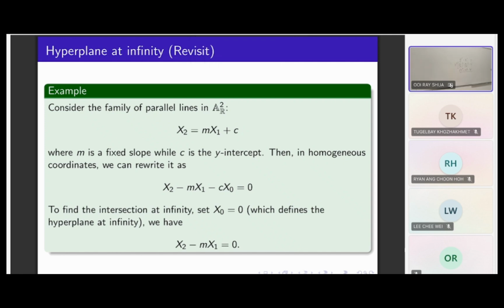If you consider a family of parallel lines, I did not use y and x, I use x1 and x2 in this case, because I want to add x0. So same thing, you homogenize it. This thing is not homogeneous. And you do the same thing with x2.